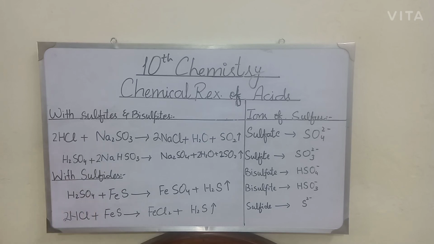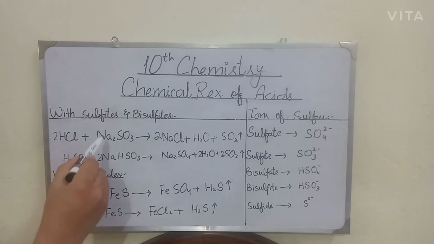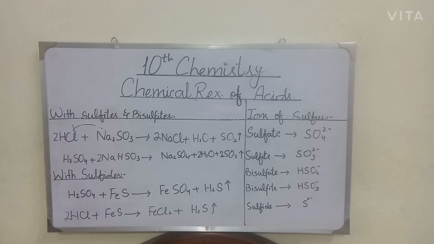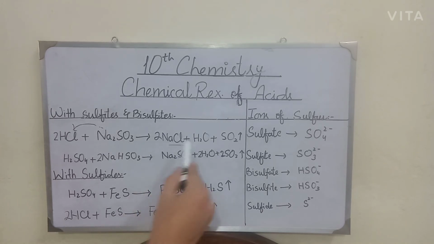When sodium sulfite reacts with the HCl acid, a simple ion exchange takes place, and in this process salt, water and SO2 gas are produced, which is called sulfur dioxide gas. NaCl is produced by the reaction of the sodium atom of sodium sulfite with the chloride ion of the HCl molecule, producing 2 NaCl molecules.